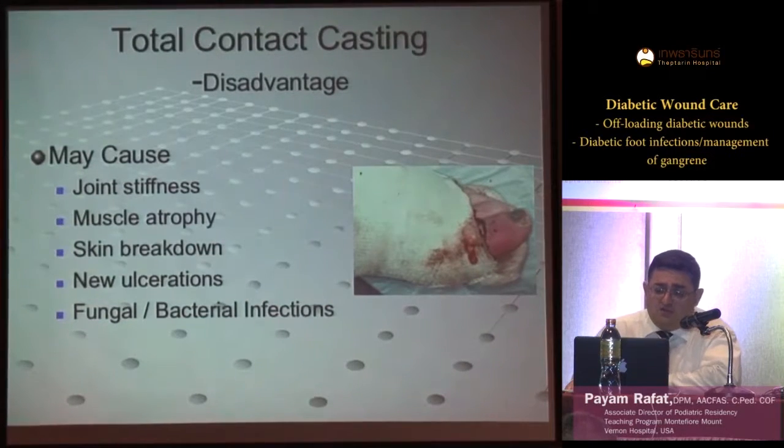There are some disadvantages that go along with it: a possibility of joint stiffness, muscle atrophy, skin breakdown, and potential new ulcerations if not applied properly. So it's very important to have some hands-on training, look at a few being put on, and then maybe have somebody with some experience available the first time, so that you're doing a good job. There's also potential for increased fungal and bacterial infections.